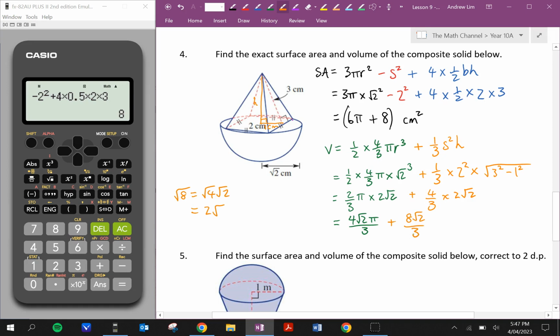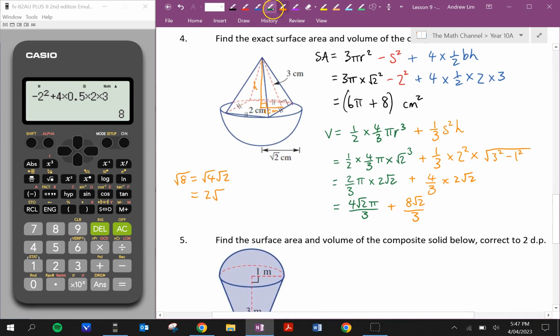Now we can make this one big fraction because they both have the same denominator, so we might as well do that. 4 root 2 pi plus 8 root 2 all over 3, and that will be in centimeters cubed. And that's the exact volume of that solid, or that composite solid.